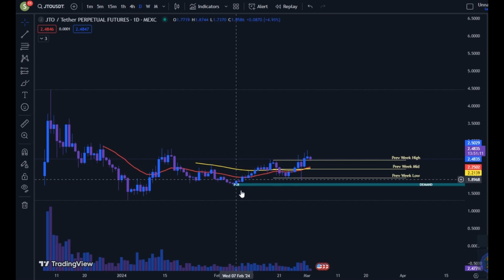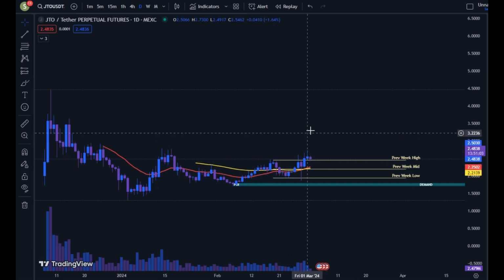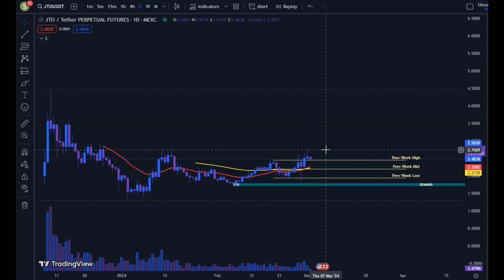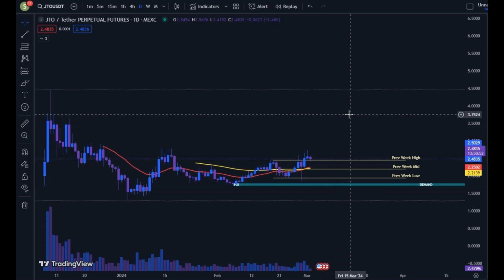It's not created a new low here. It's then come up, created a high, created a lower low. You then want to see it create a higher high, come back down, hold that area of $2.07, and then a push off.